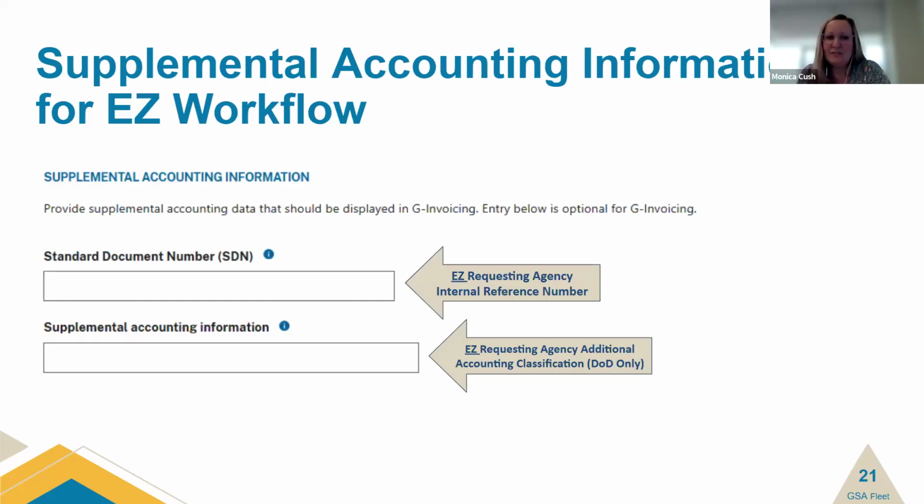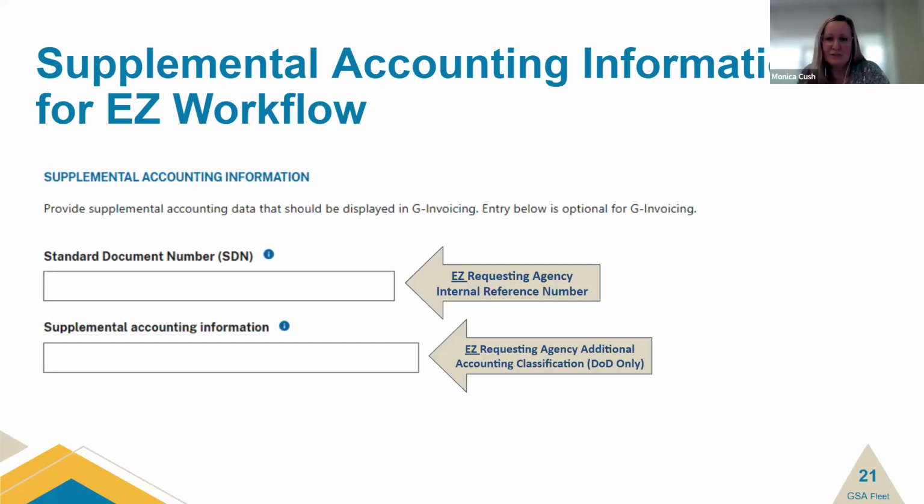Okay, supplemental accounting information for the EZ workflow. The standard document number and supplemental accounting information are two fields that, to our civilian customers, will look exactly the same. We're also going to be minimizing the amount of information DoD customers are going to be entering in Wallet.